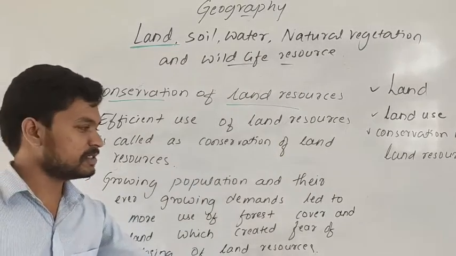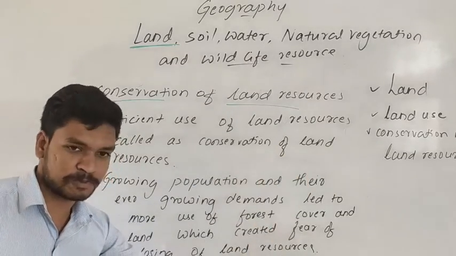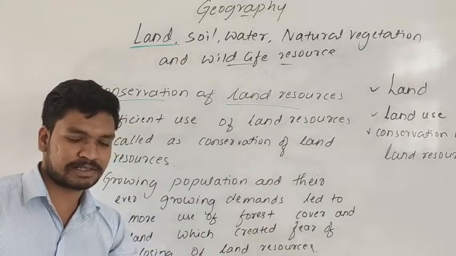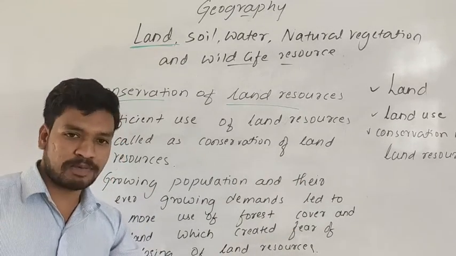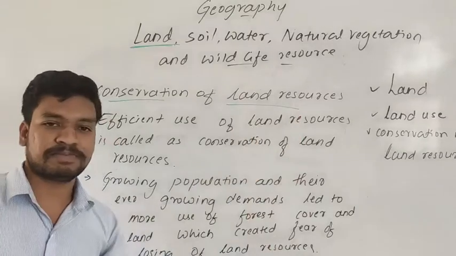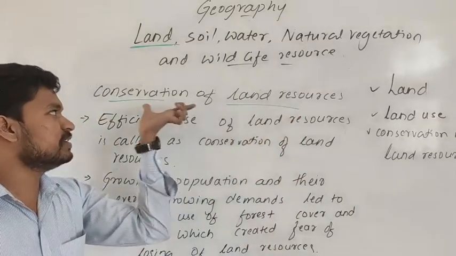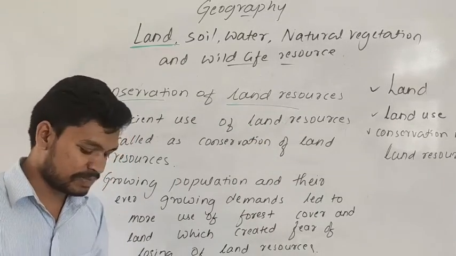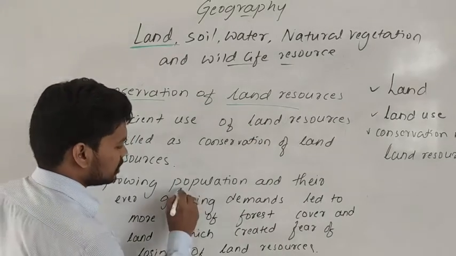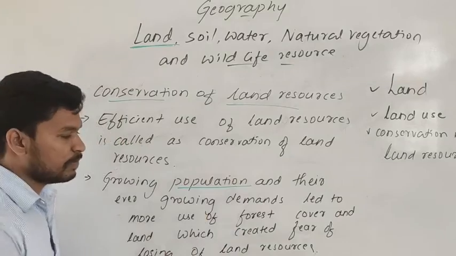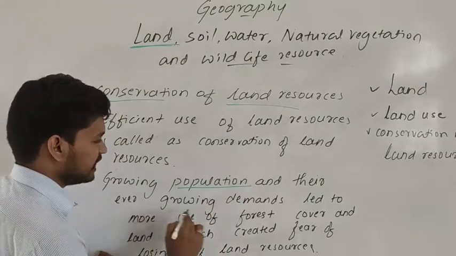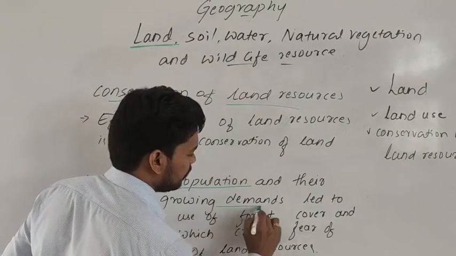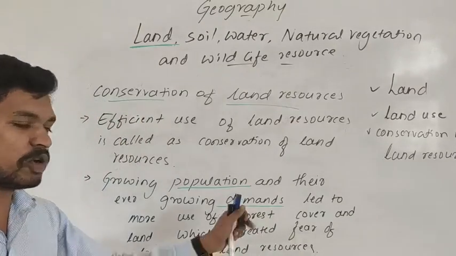So write down these points. This point explains what problem you are facing in land resources, and because of that, why we need conservation measures. Because the population is growing, the demand of the people is also growing.